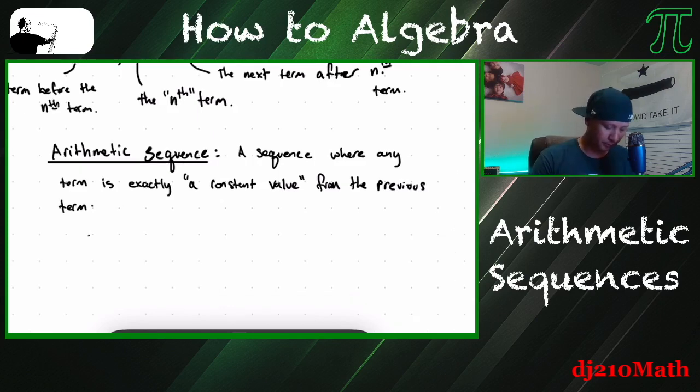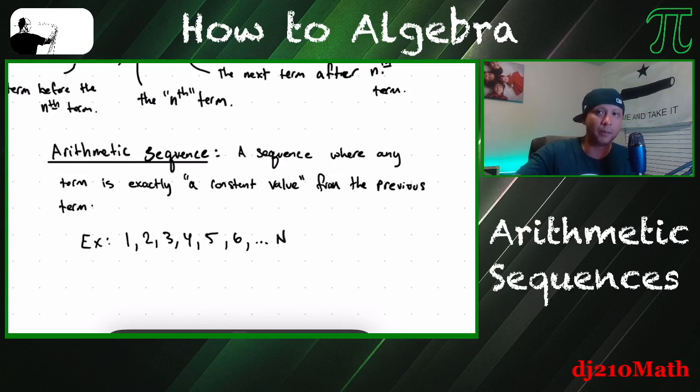The most basic example is the counting numbers, the natural numbers. It's actually kind of boring, but I think it gets the point across. Say you have 1, 2, 3, 4, 5, 6, dot, dot, dot, all the way up to some number n, where n is a whole number.